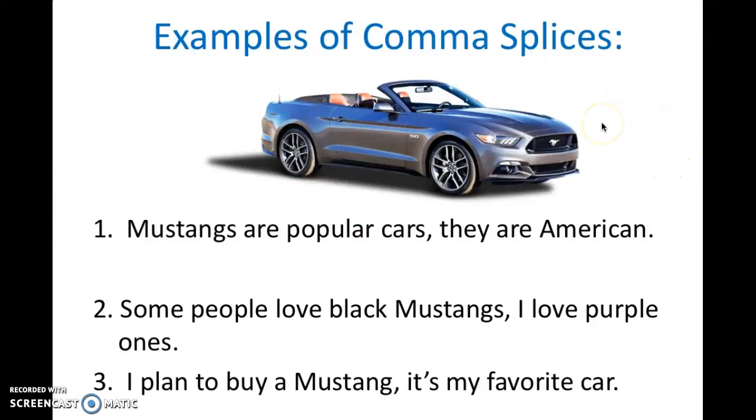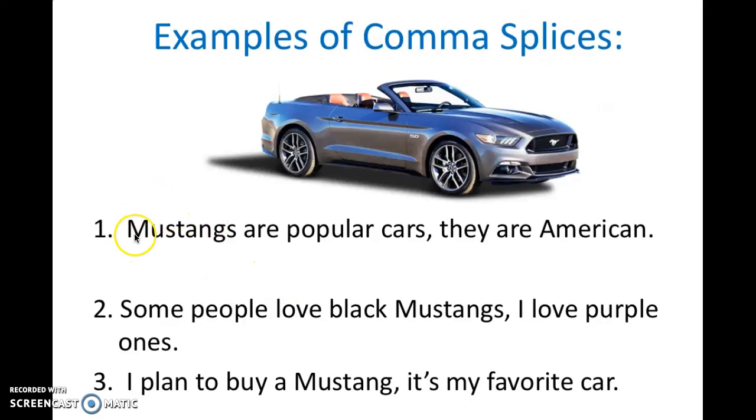So here are some examples of comma splices. Mustangs are popular cars, they're American. If that's the comma splice, what is the issue? Where does one sentence end and the next one start?